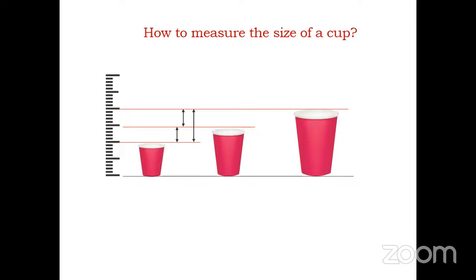So can we say that if we consider the heights of the first and the third cup, it's basically 2:1? Can this ratio be considered? Yes or no? Yes, it is correct.